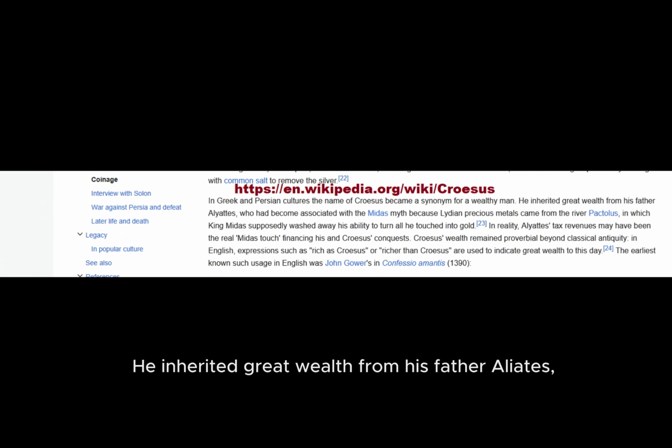He inherited great wealth from his father Alyattes, who had become associated with the Midas myth because Lydian precious metals came from the river Pactolus, in which King Midas supposedly washed away his ability to turn all he touched into gold. In reality, Alyattes' tax revenues may have been the real Midas touch financing his and Croesus's conquests.